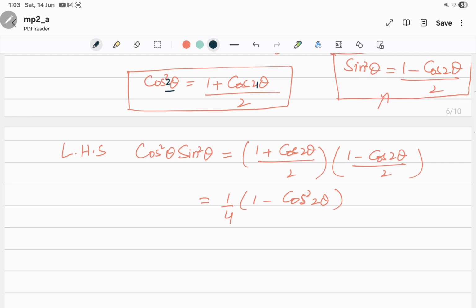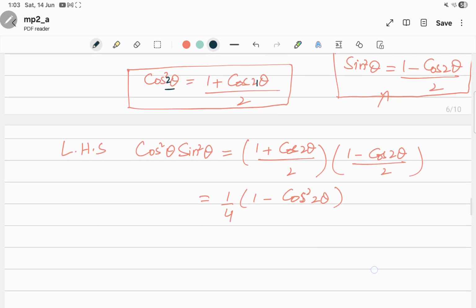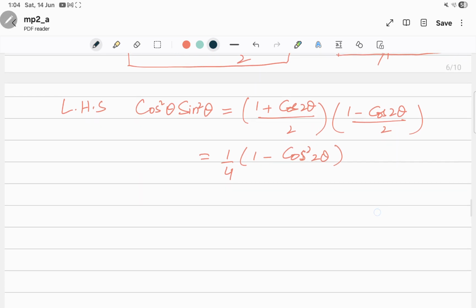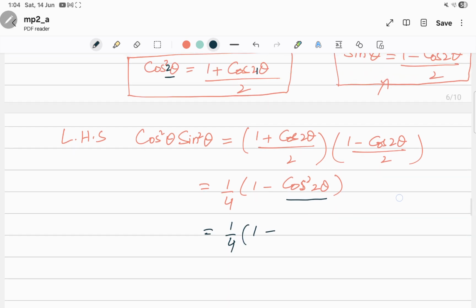So over here you will have theta, it will be 2 theta now, and this was 2 theta, so it will become now 4 theta. So the value of cos square 2 theta should be 1 plus cos 4 theta over 2. So we can sub this value over here. So it will be 1 over 4 times 1 minus 1 plus cos 4 theta over 2.